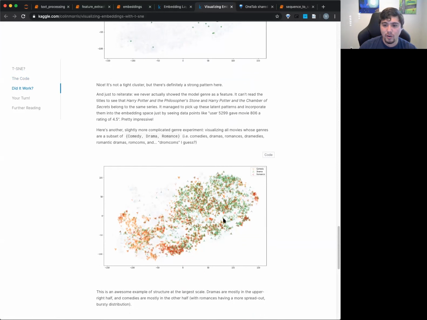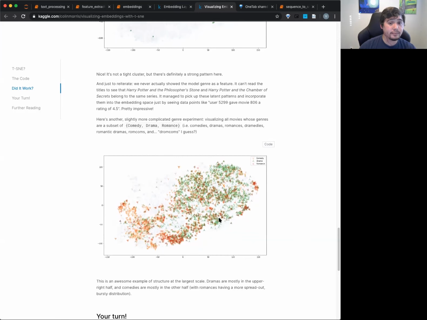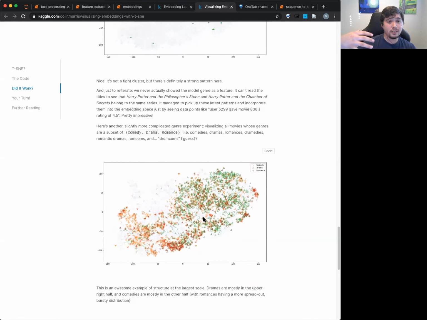There are some pockets of romance, and maybe some romantic comedies, drama comedies, or drama romances over here. So you can start building up a picture of where these crossover and where they exist. That's what you can do with these embeddings, and you can get some information.